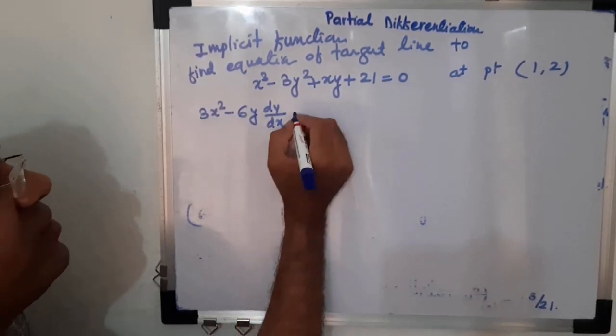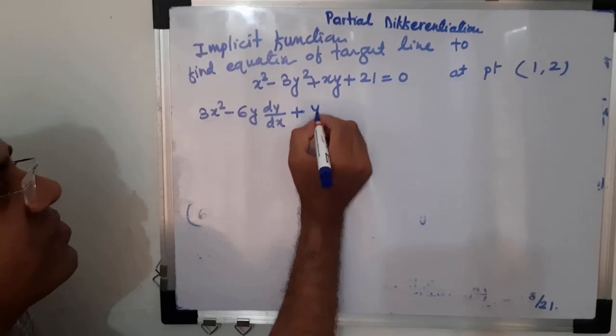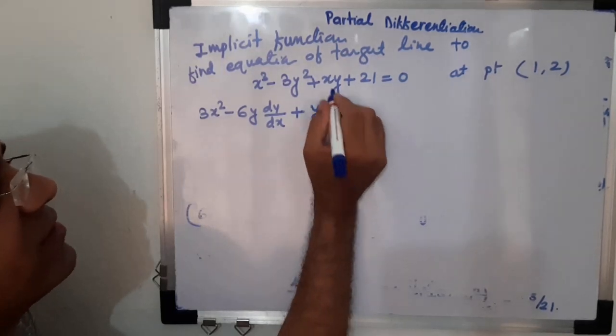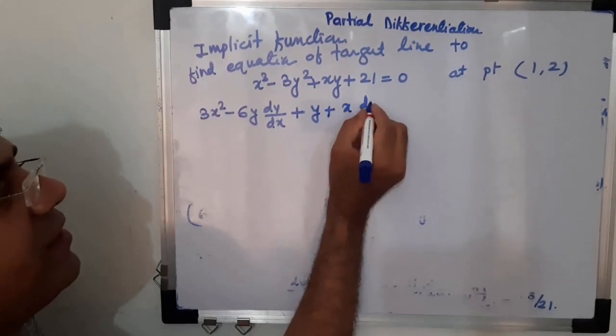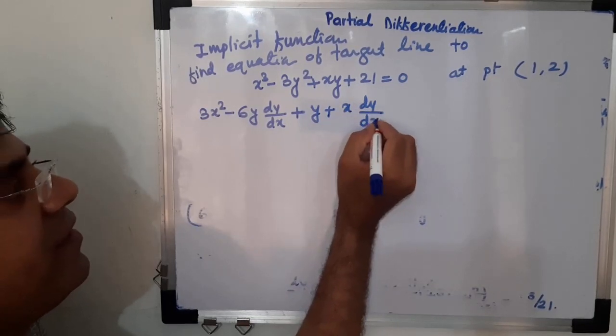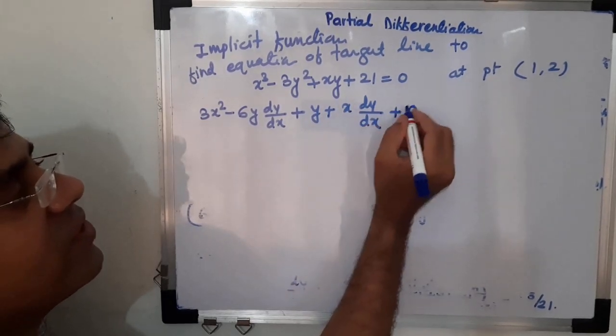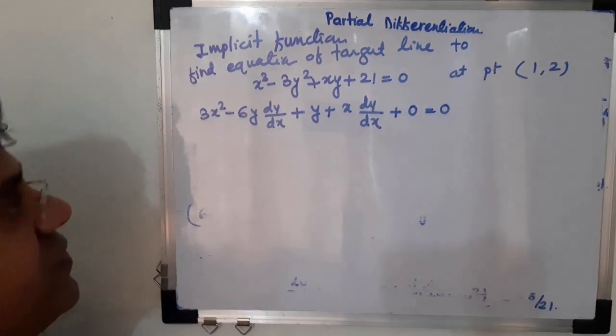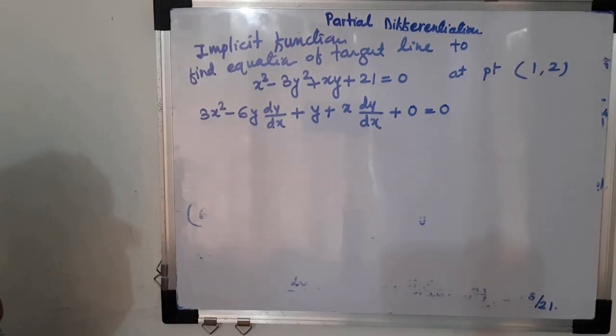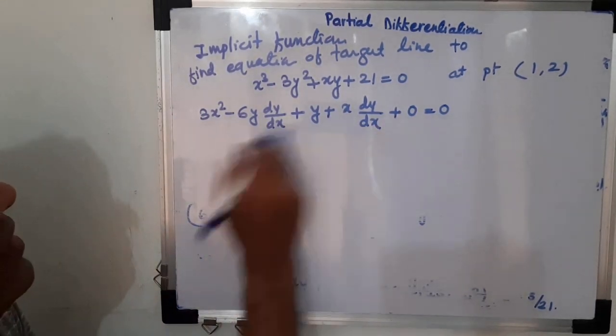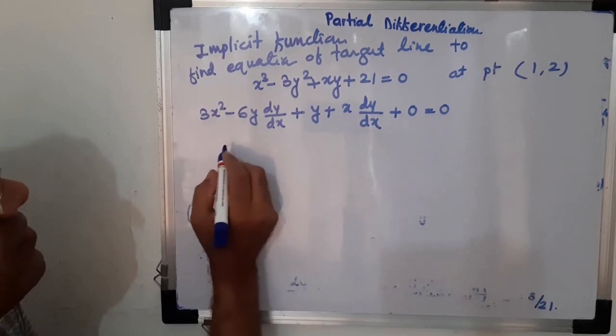I will directly write down, you know probably, this is y plus x dy by dx, a constant, which is equal to your g. Okay. Then we'll separate the dy by dx term from here.